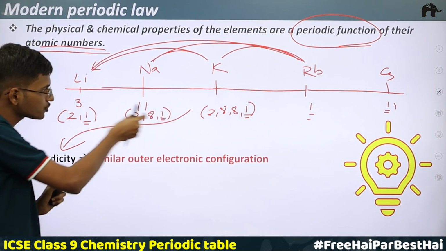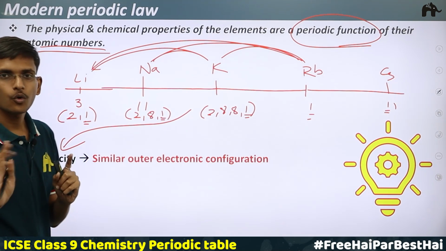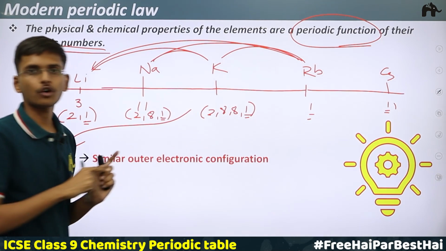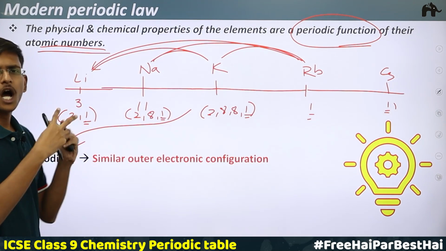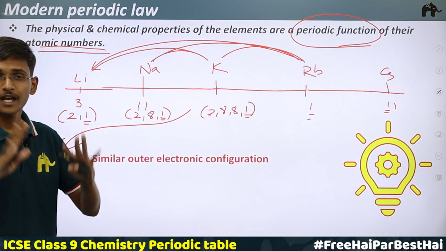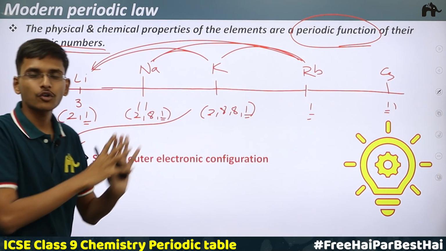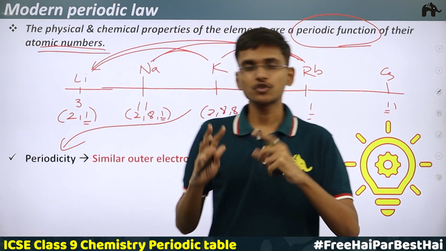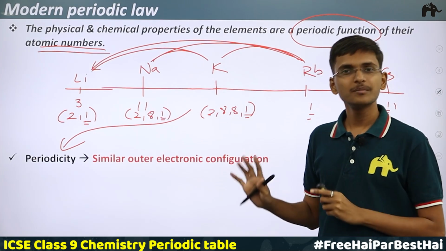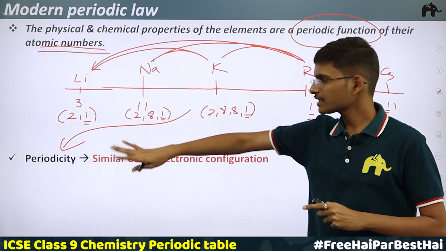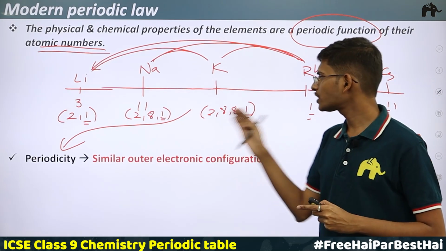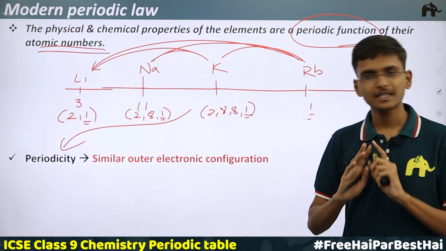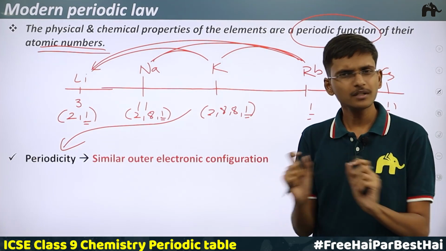Since these outermost shells have the same number of electrons, we say that they have similar outer electronic configurations, or similar outermost shell electronic configurations, and since they have similar outer electronic configurations, they show similar properties. So the reason for the periodicity is simply that the elements have similar outer electronic configurations, and that's the reason they show similar properties. That's it. Clear? Very simple concept.